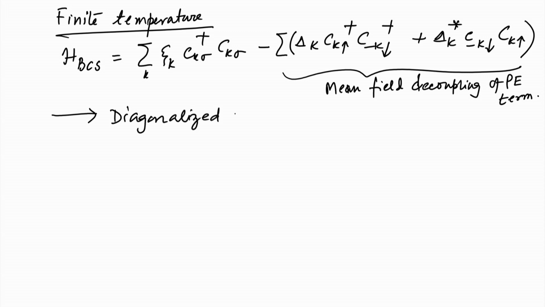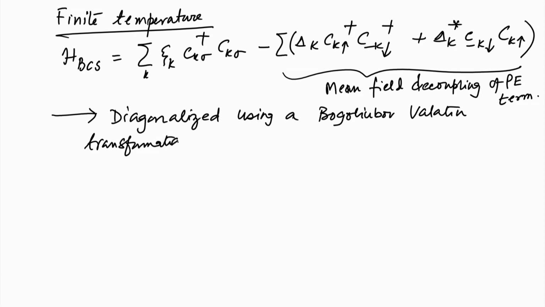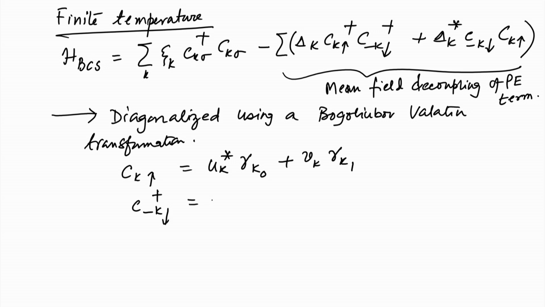using a Bogoliubov-Valatin transformation, where the C operators are transformed into quasi-particle operators of this form: C k up equal to U k star gamma k 0 plus V k gamma k 1 and C minus k down dagger equal to minus V k gamma k 0 plus U k gamma k 1.